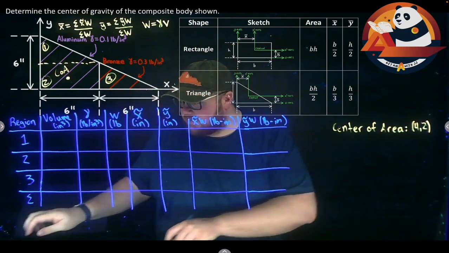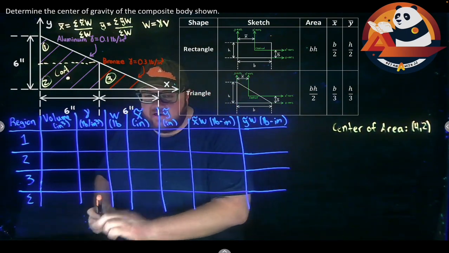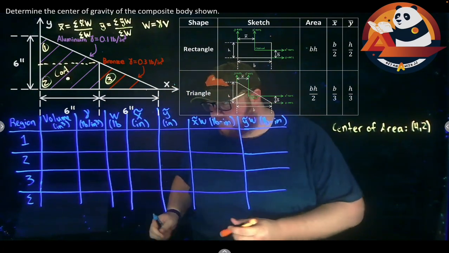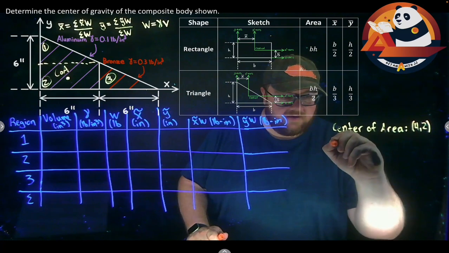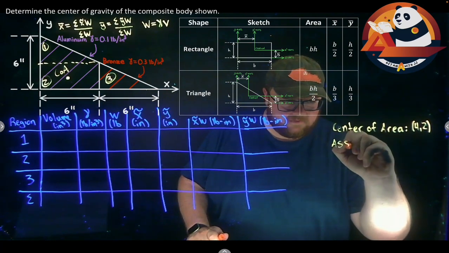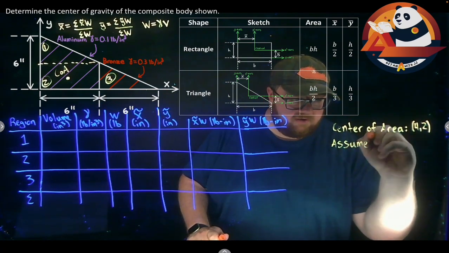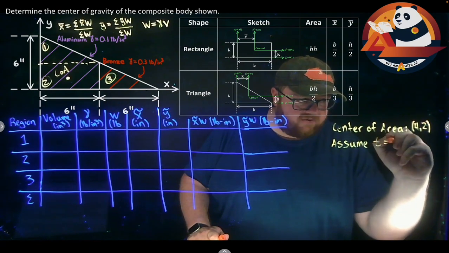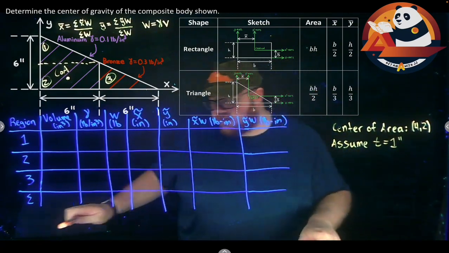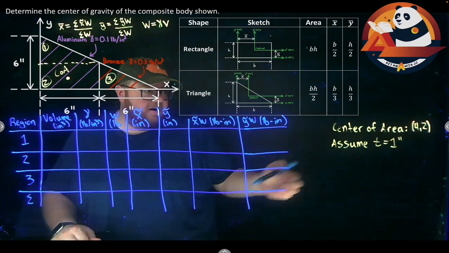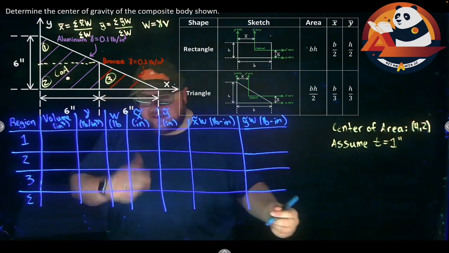So we'll write that off on the side too. Assume our thickness equals 1 inch. But again, any number could get assumed there and we get to the same end result because that's going to just drop away from everything.